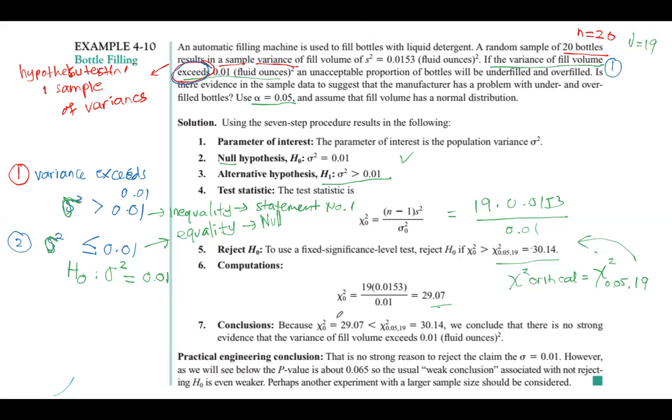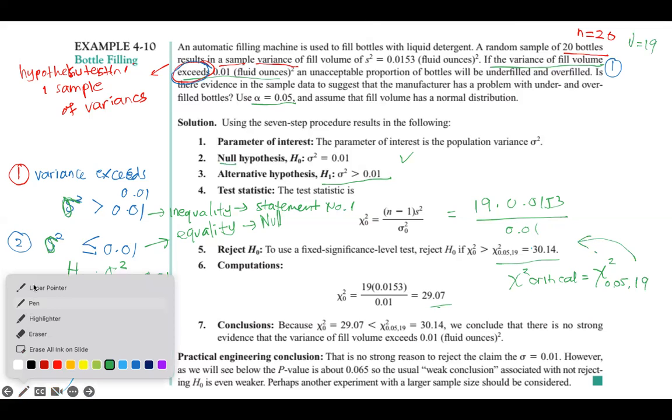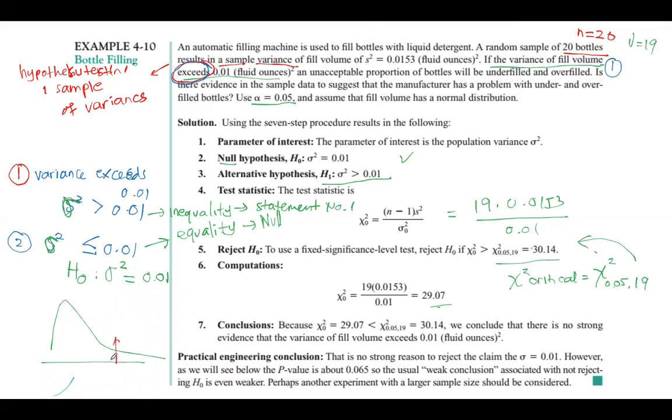Okay, so in conclusion, because the chi-square is less than the critical value, it's going to look like that. Let's say this is the chi-square critical, for example, which is 30.14, and our value is in this area, which is 29.07.